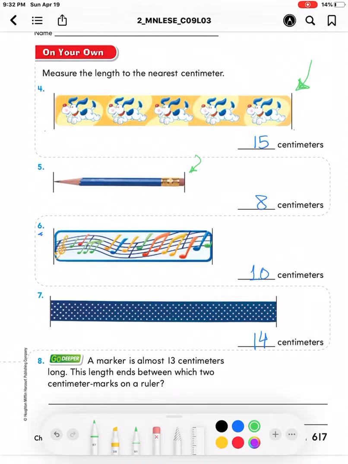And you will find it to be 7 centimeters. So the longest object here, number 4, is longer than the shortest one by how many centimeters? 7 centimeters, okay?